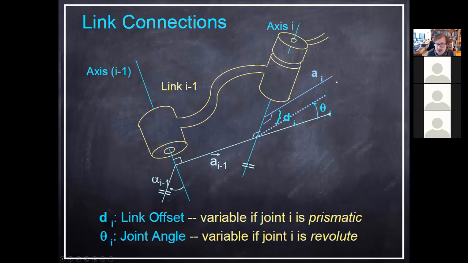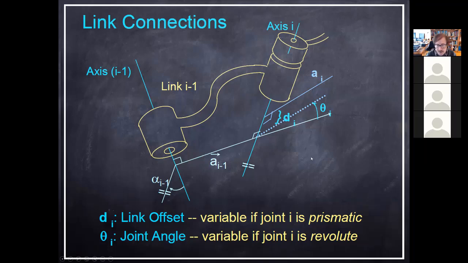Axis i plus 1 is not shown here, but when I see a_i, I understand there is another axis here, which is i plus 1. So the mutual perpendicular between these two, let's say, is joining axis i at this point. And this distance between is shown by d.